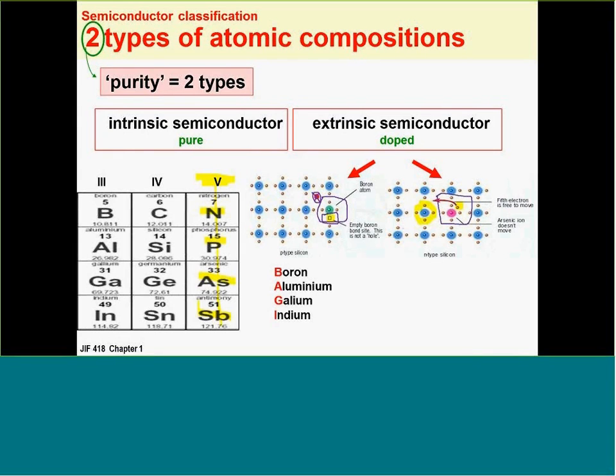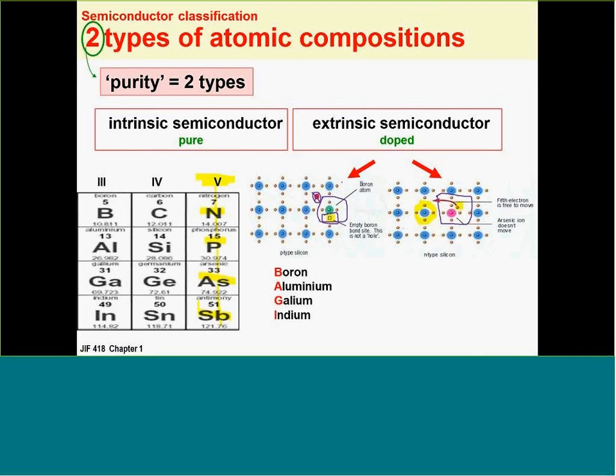Okay, it must be at the lattice side, replacing the silicon atom. But now, since silicon atoms have only 4 bonding sites, we have one extra electron that's going to contribute towards conductivity, electrical conductivity.